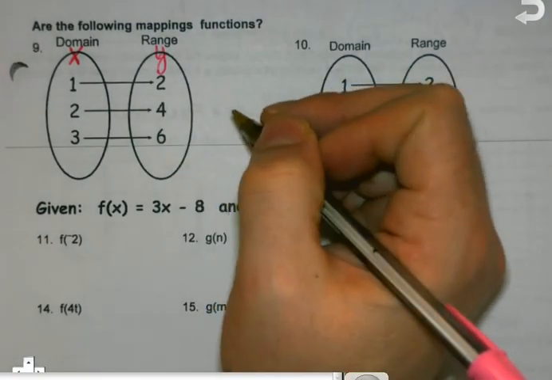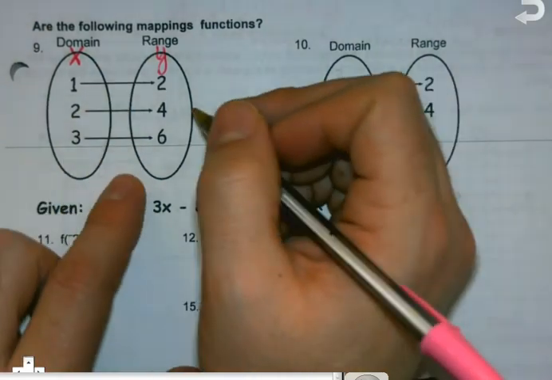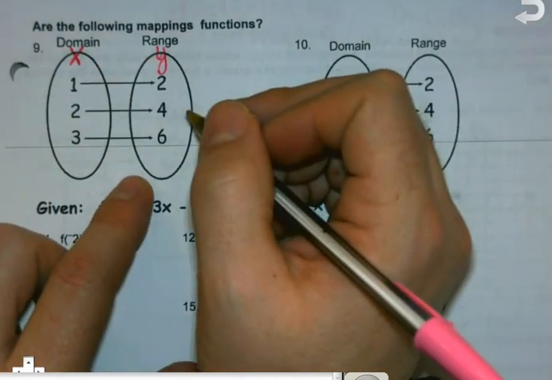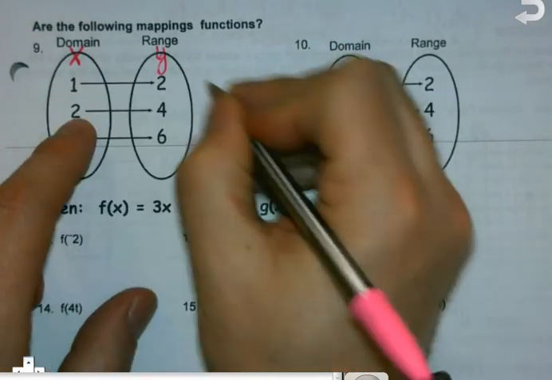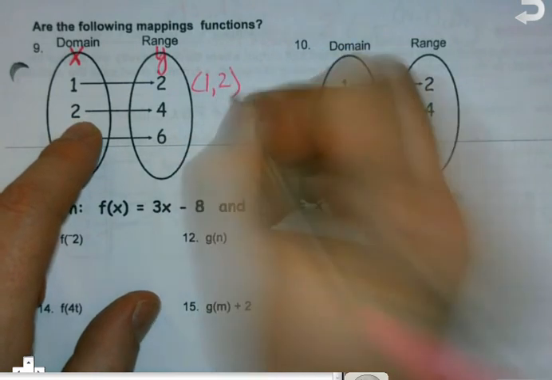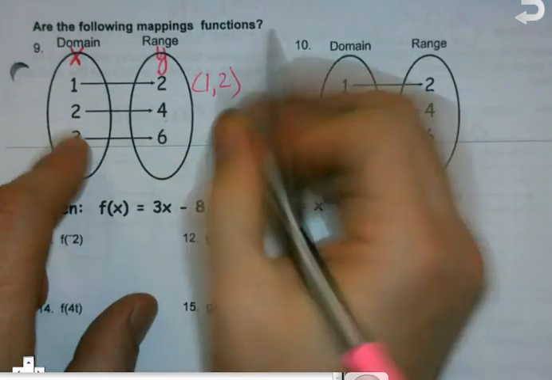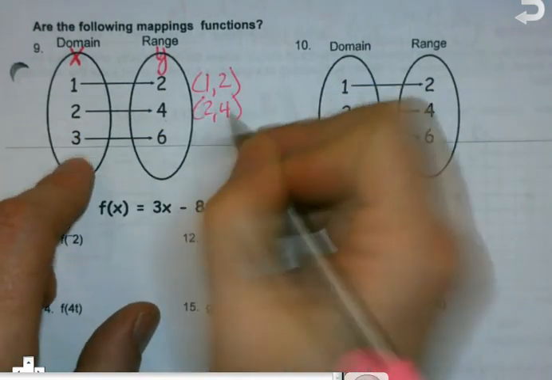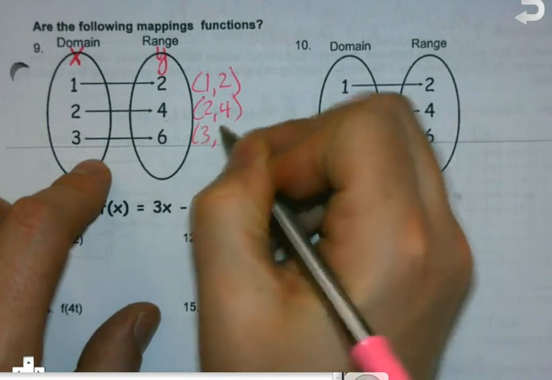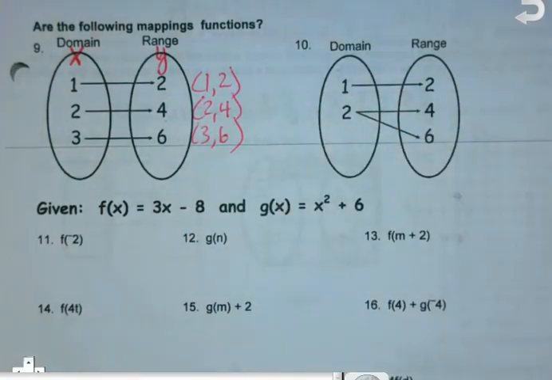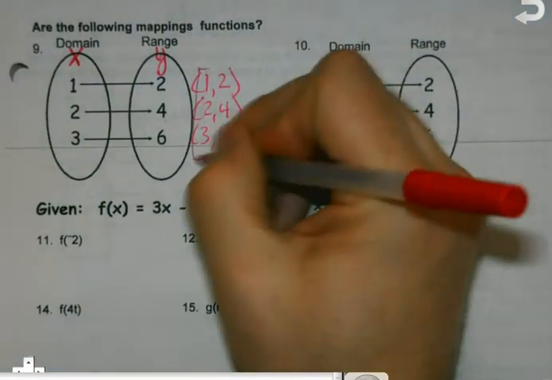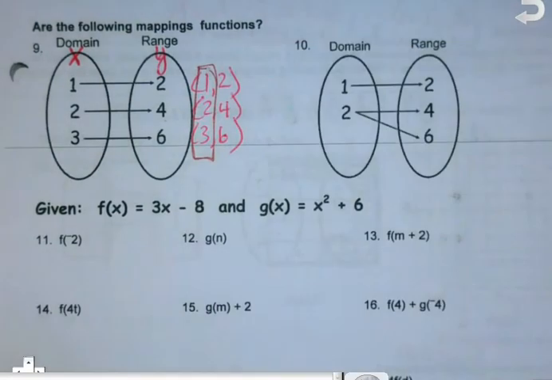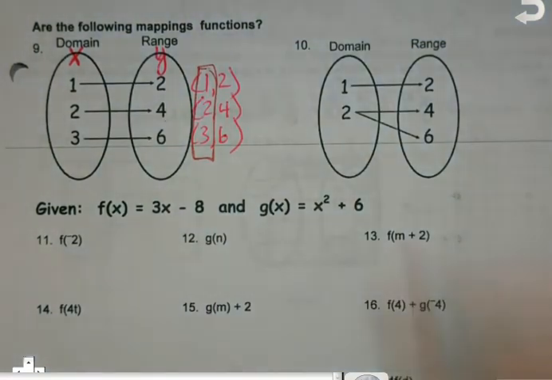Basically what they're doing here is giving you the coordinate points, just like we were before. So if 1 goes to 2, this would be the point 1, 2. If 2 goes to 4, and it is because if I write all my points down, I don't have any x's that repeat: 1, 2, and 3.